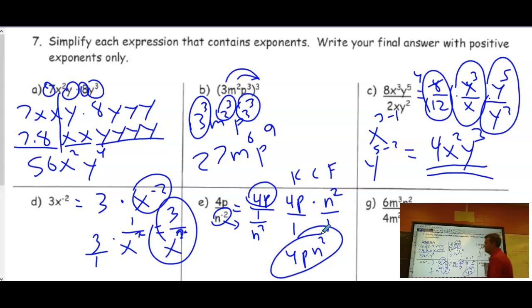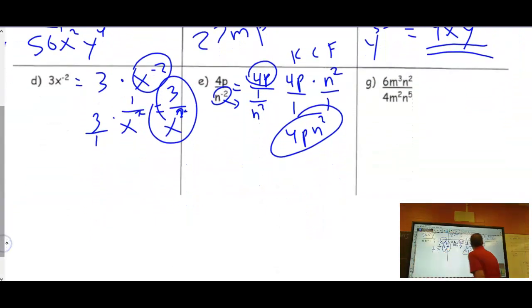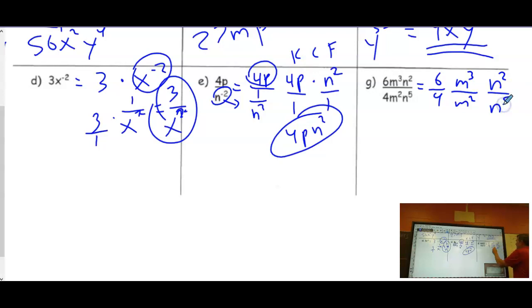And last up, let me see if I can go down a little bit, give myself some room here. Okay, so again, I'm just going to subtract the exponents, but let me make it obvious what I'm doing. So let's write the variables out separately. All right, the 6 over 4, you need to reduce it. 6 over 4 reduces to 3 over 2.